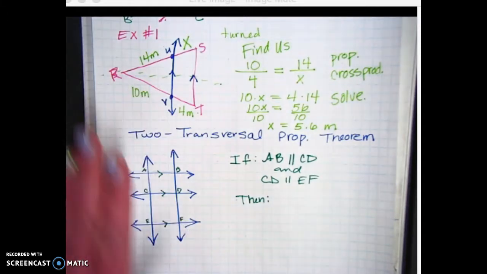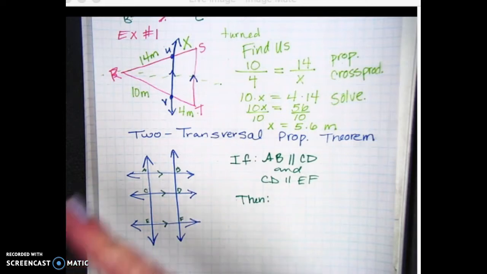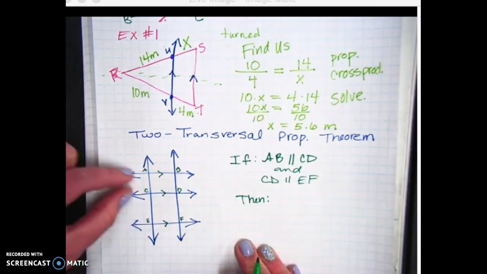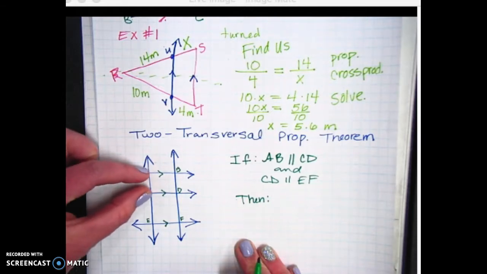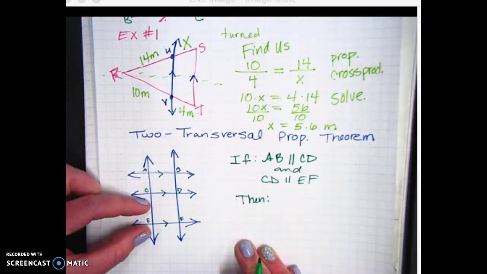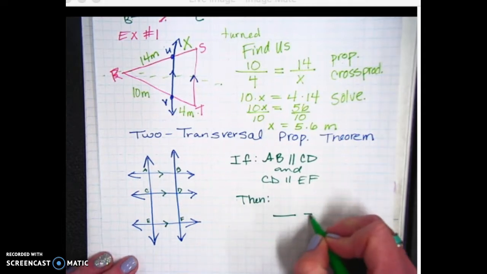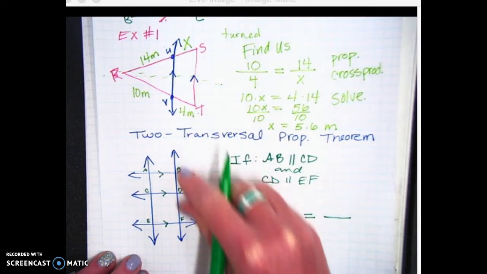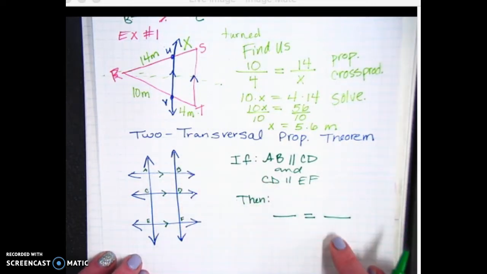And I have it turned, so it's facing me, but it could be sideways, okay? It's going to be the left side, which is segmented to a top and a bottom, creating a numerator and denominator, and then a right side proportioned to a top and a bottom, creating a numerator and a denominator.